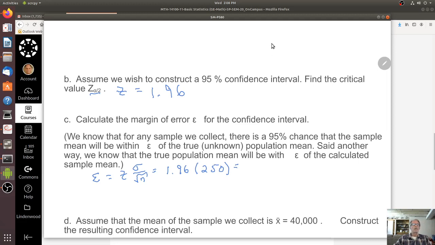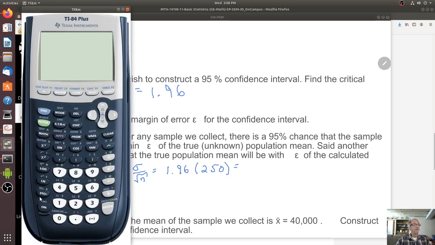Well, let's figure out what that is. Where's my calculator? Here it is. 1.96 times 250.